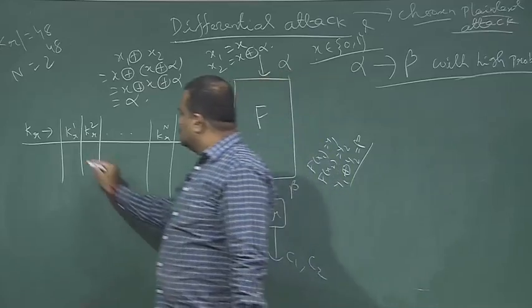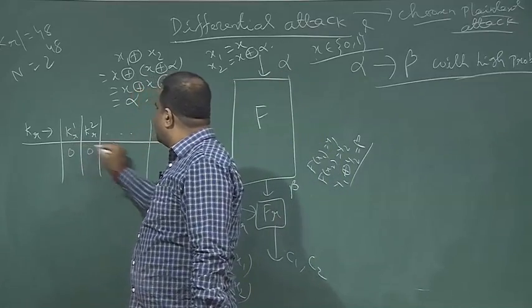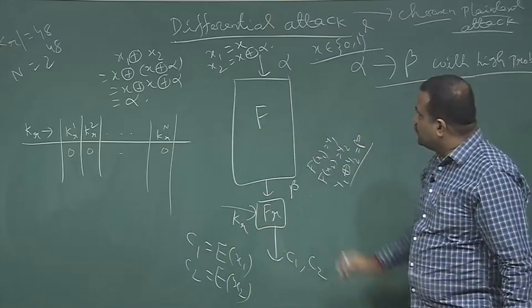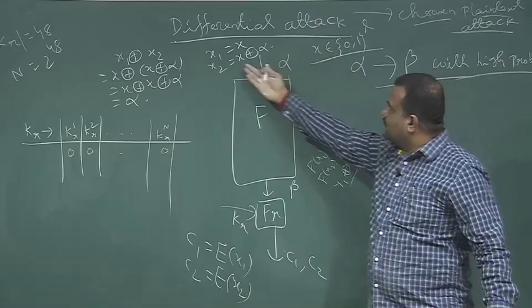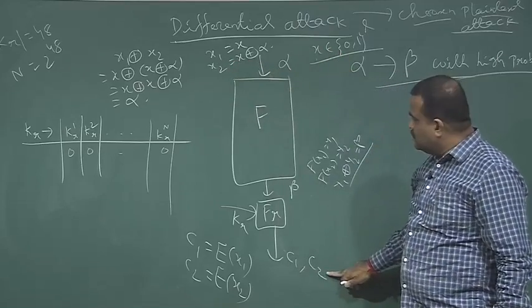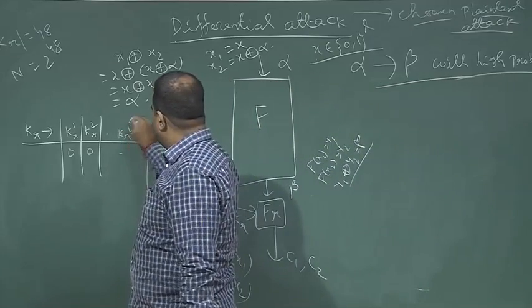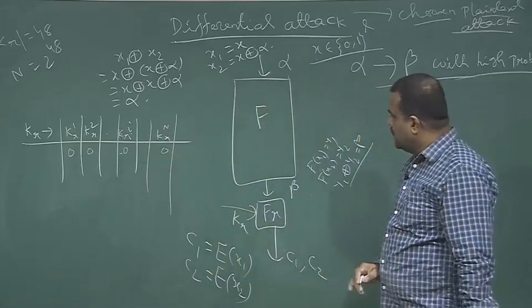Now we initialize a counter to 0. We choose a plaintext and get x1, the corresponding x2, and C1, C2. Now we choose a candidate key ki, initialized by 0. This we will try for all possible keys.